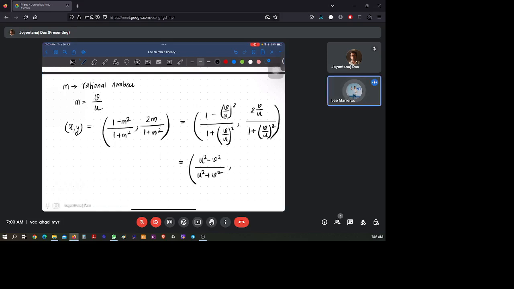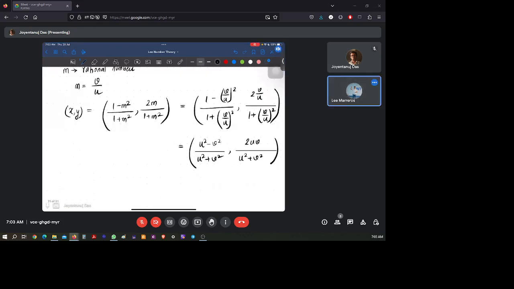And this is 2uv divided by u square plus v square. So clearly, this gives us the Pythagorean triplet.